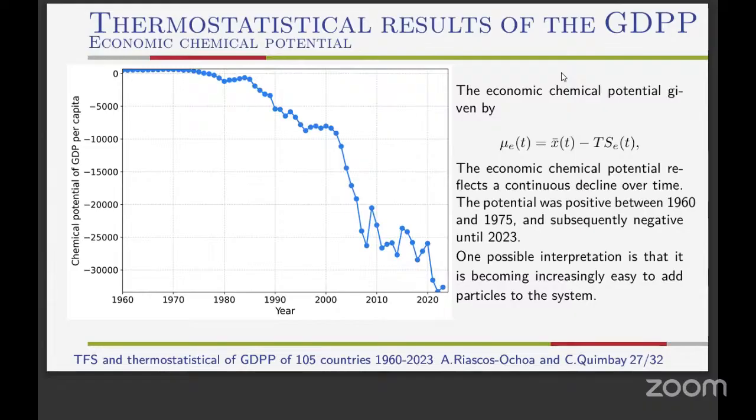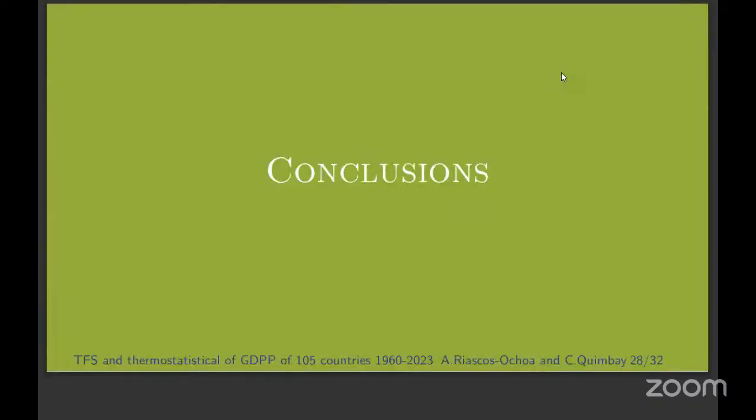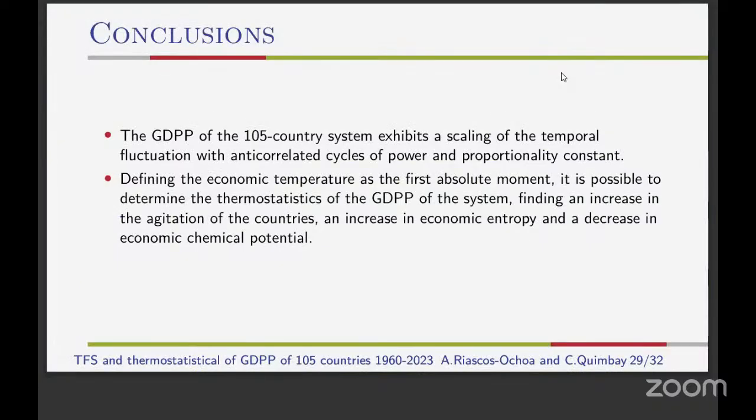Bueno, entonces, con estas variables macroscópicas, lo que uno puede llegar a concluir primero es que el Producto Interno Bruto per cápita exhibe un escalamiento de la fluctuación temporal donde el exponente y la constante de proporcionalidad están anticorrelacionados, tienen ciclos anticorrelacionados.